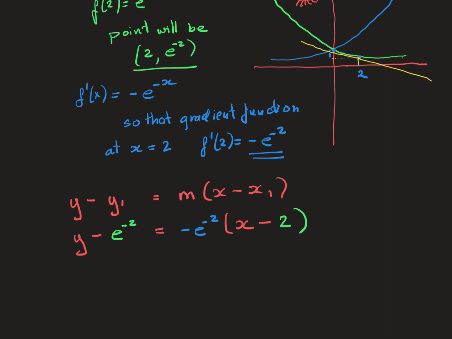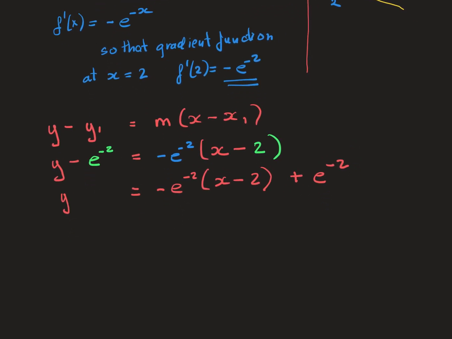So now I just go and solve it. No more colors, I'll just do this without the colors now. y equals minus e to the minus 2 times (x minus 2), then move that to the other side and multiply out. So that is minus x e to the minus 2 plus 2 e to the minus 2 plus e to the minus 2.